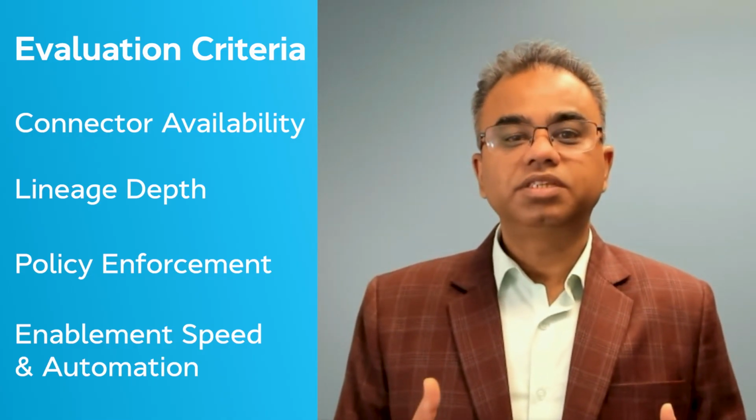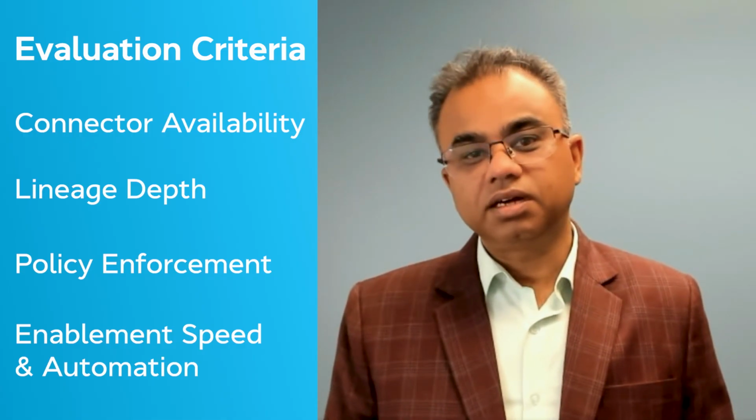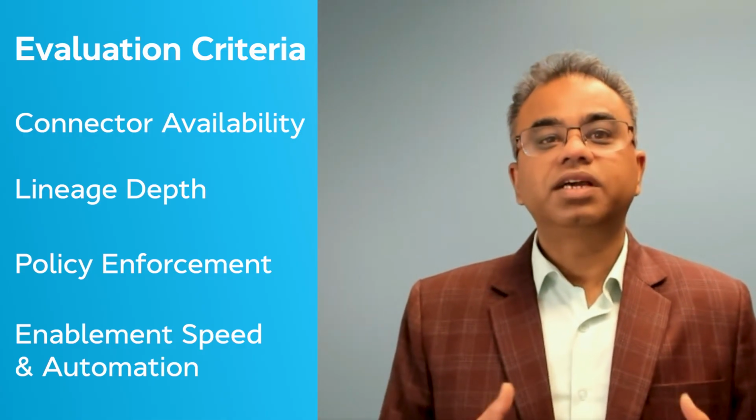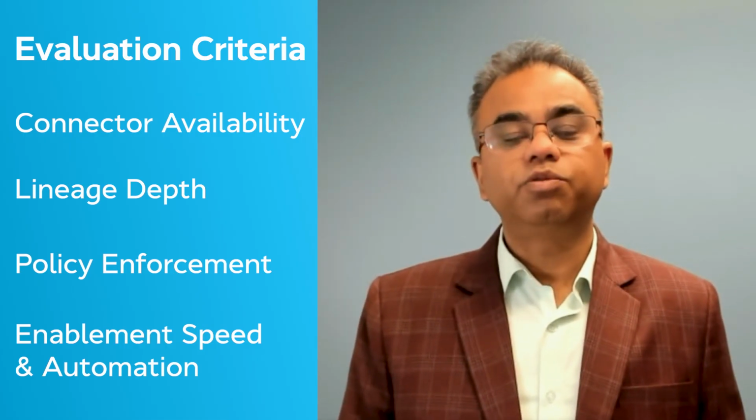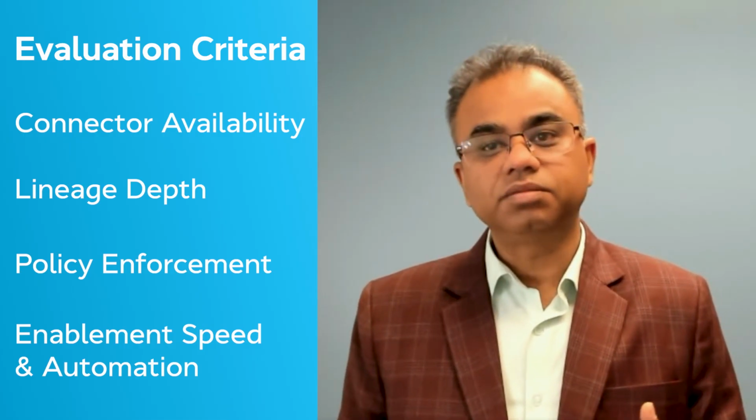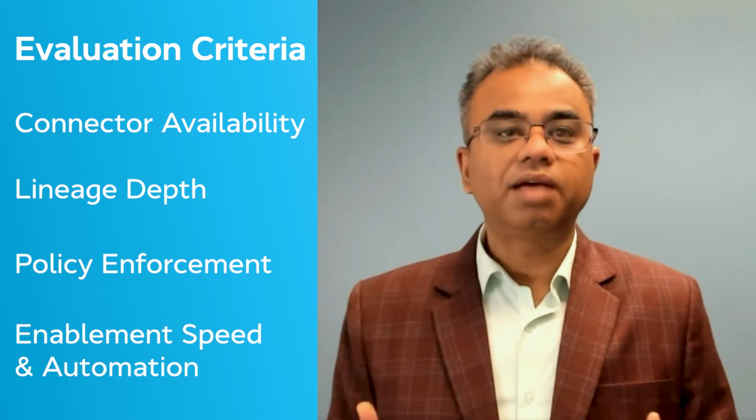For example, how can the steward easily collaborate on the definitions? How can data ownership be assigned? How can the critical data be identified? Do they have algorithms or data science mechanisms where things happen automatically, or do you have to do it manually? Those are the criteria you must consider to find your data governance tool.